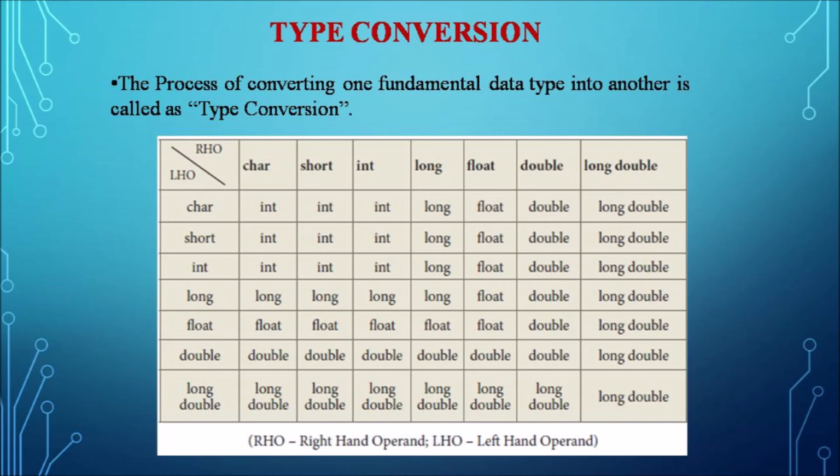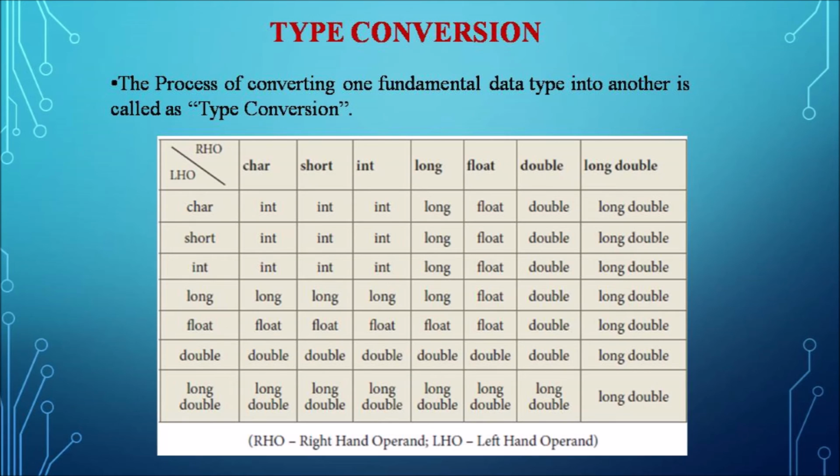Where it gets changed: if A is a character and B is a long, the result will be stored as long, because the long data type holds more memory space. The memory allocation is more for the long data type when compared to character. That is the main reason for storing the resultant value as a long. Like this, the type conversion happens.